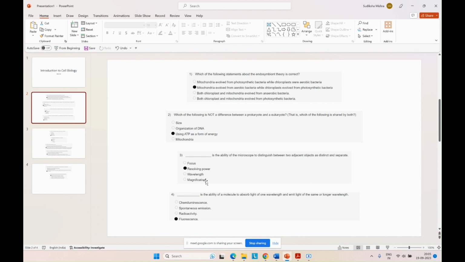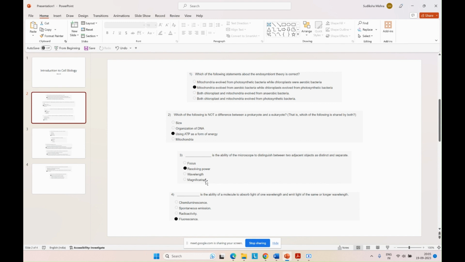Magnification is associated with objective lenses and how well they can magnify the sample that you are trying to observe.